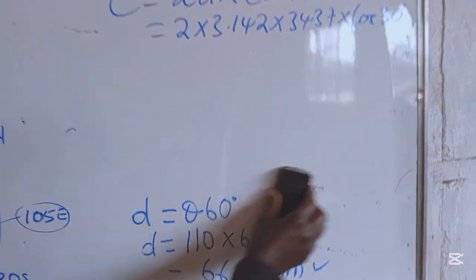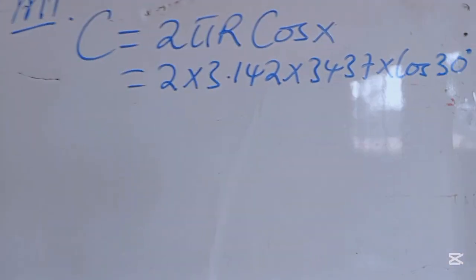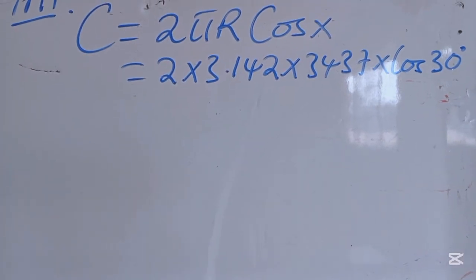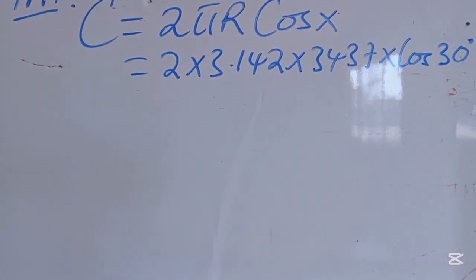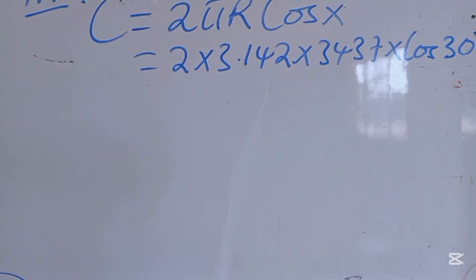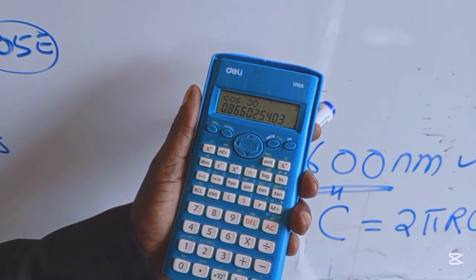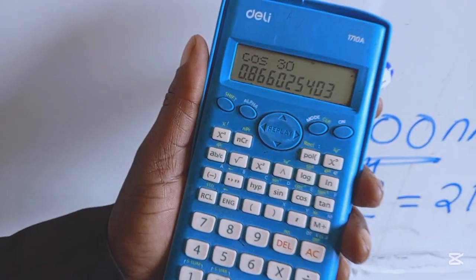I love to start with the cos. I'll start with cos 30 degrees, and I'll get 0.866025403.